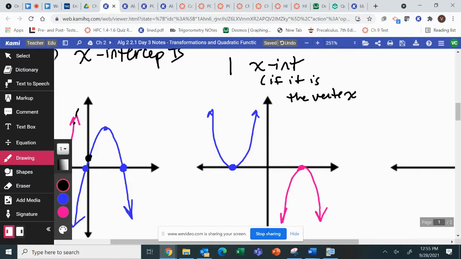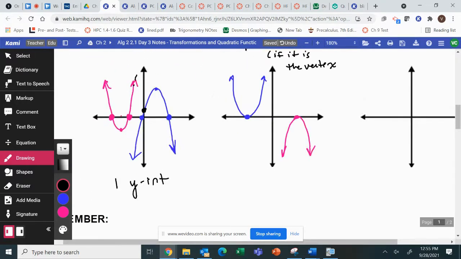And I didn't make any of these obvious, but how many y-intercepts would each of these graphs have? Everybody. Corey. Yes. How many y-intercepts will the blue or pink one have? 1. Always 1 y-intercept.